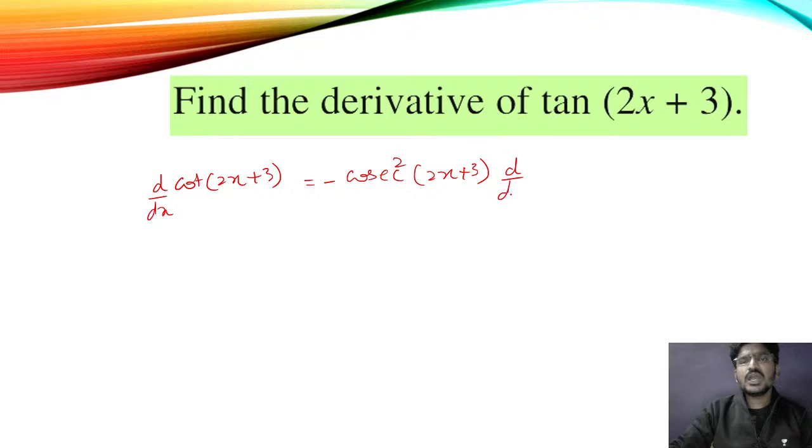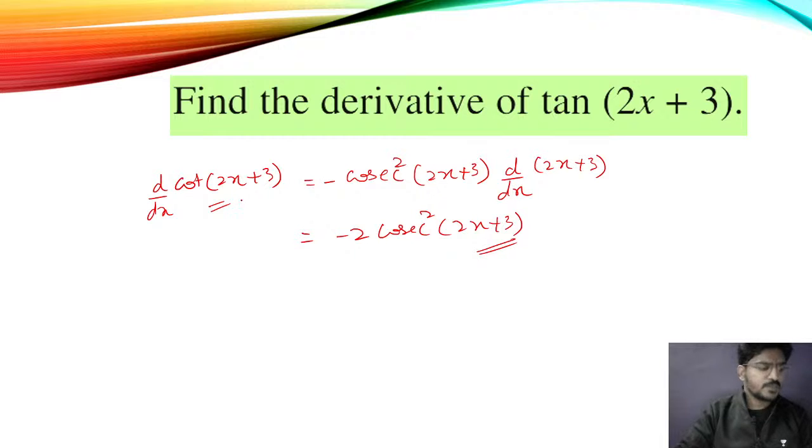So d by dx of 2x plus 3 is again 2. So it is going to be minus 2 cosec square of 2x plus 3. Clear? So this is the differentiation of cot of 2x plus 3. No problem. Now let us move to the next problem.